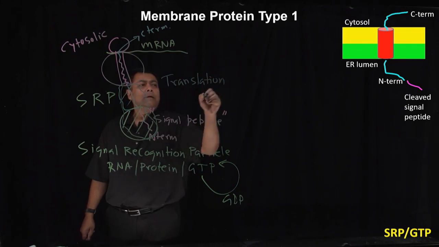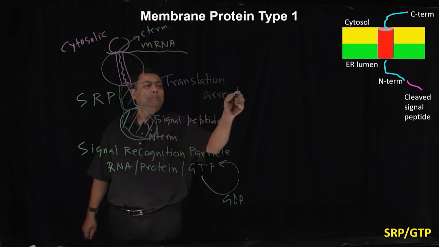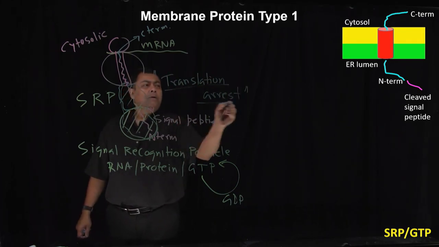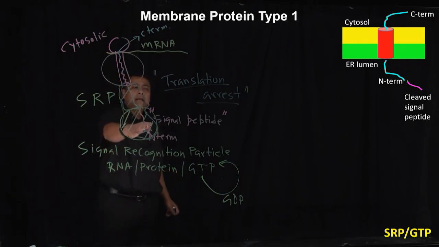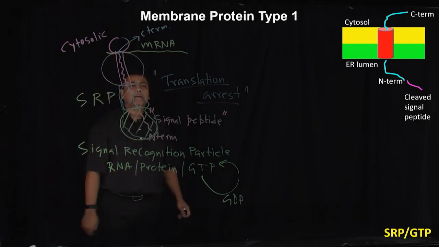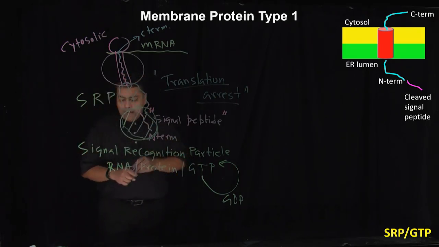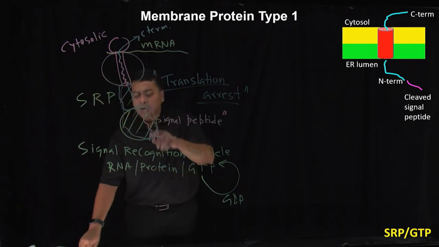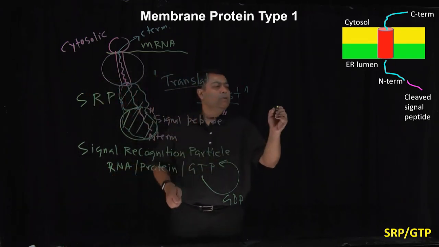This happens when the signal sequence is covered by the SRP. Now this entire complex comes to the ER membrane.